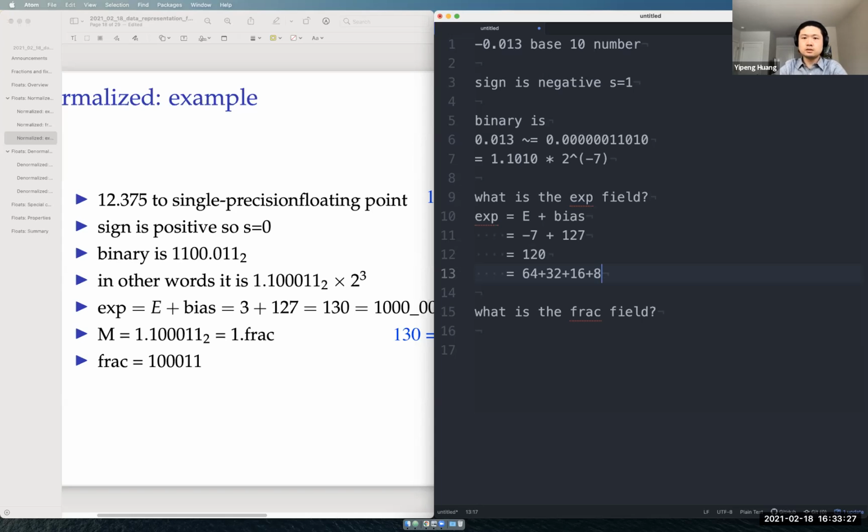So that's 120. And to represent this as a binary number, this is going to be 11111000. And this is the base 2 number. All right, so this is the 8-bit number that you would record in the EXP field.